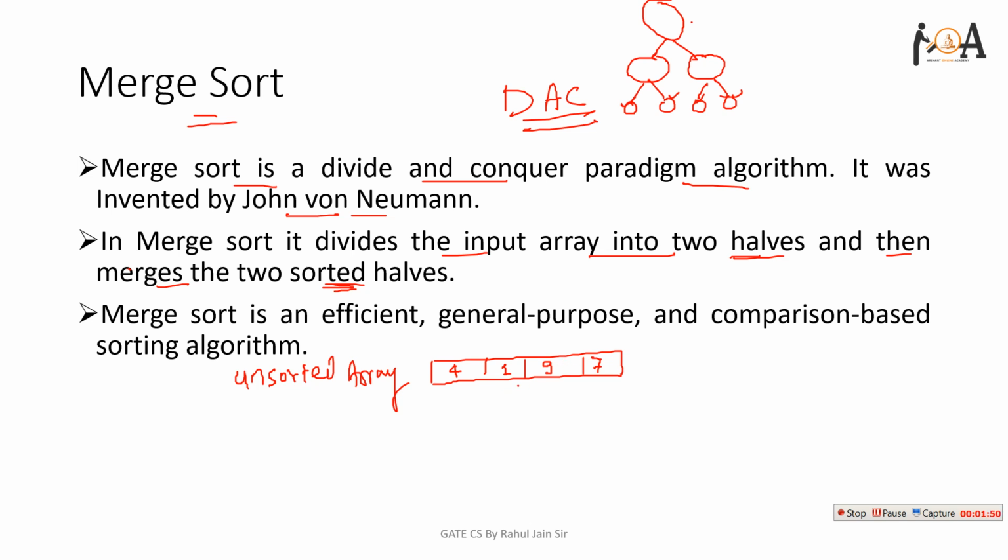So to sort it, if we apply the merge sort approach, we need to divide it into two equal halves, and I have divided it into two equal halves, and I need to copy the elements as they are, that is 4 1, and here 9 and 7. After that I again need to divide it into two equal halves, 4 and 1, and here it would be 9 and 7.